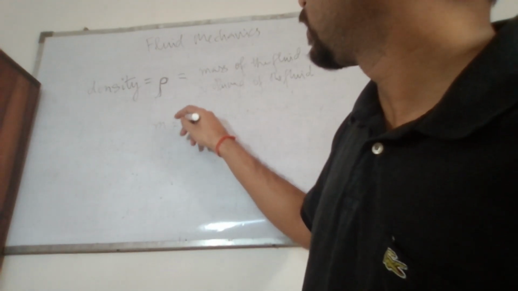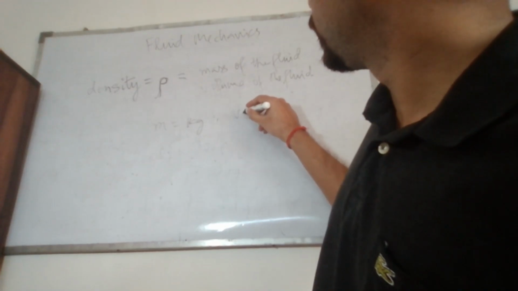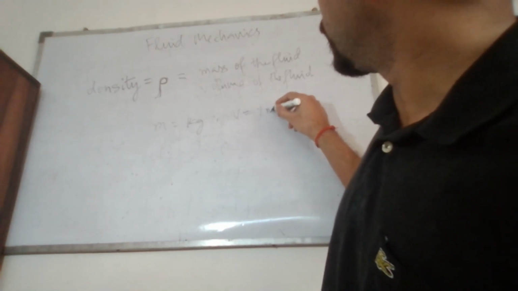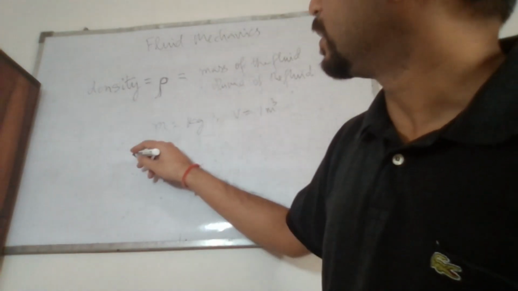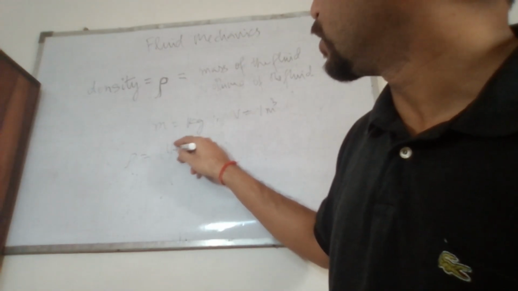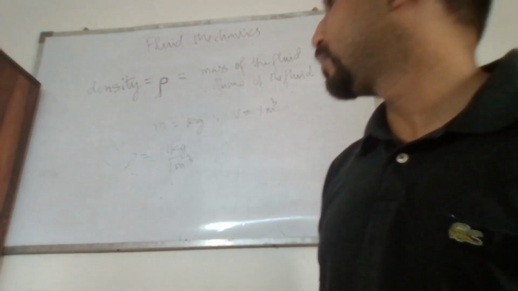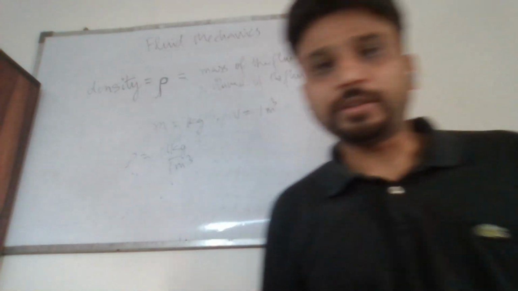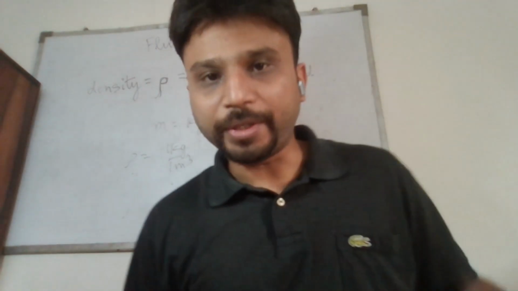If mass is 1 kg and volume is 1 meter cube, then density is defined as 1 kg divided by 1 meter cube. So the unit of density is 1 kg upon 1 meter cube.